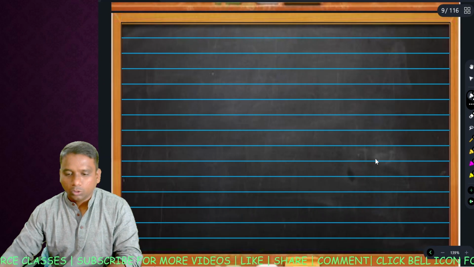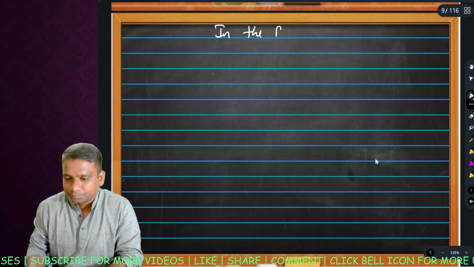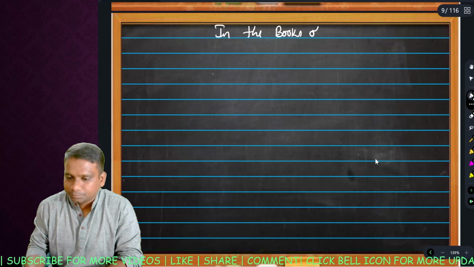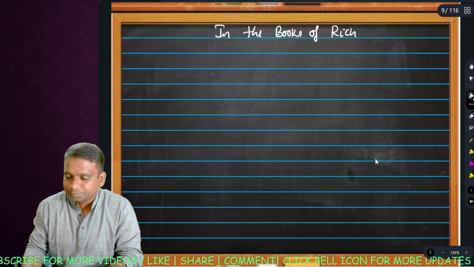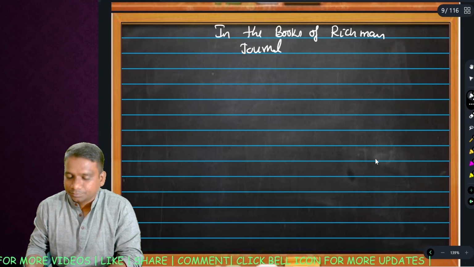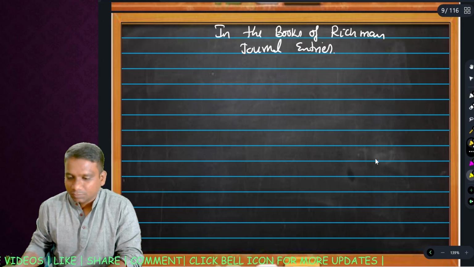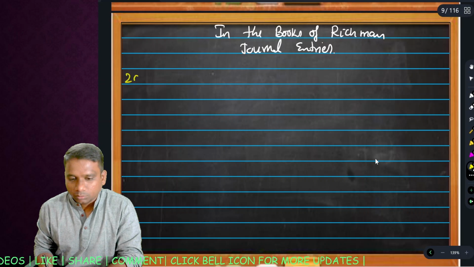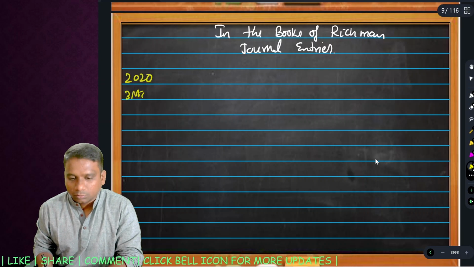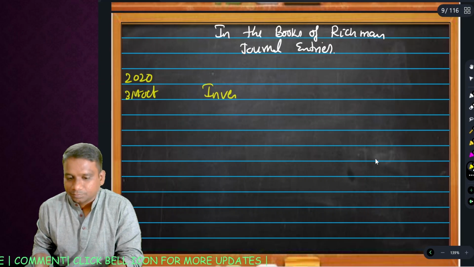Now come to the books of Rich man. What are the journal entries? Now tell me, Rich man is the buyer, right? So 2022 31st October. So he is purchasing investment. So investment account debit.